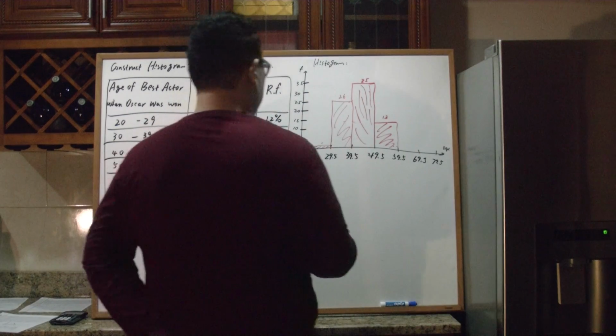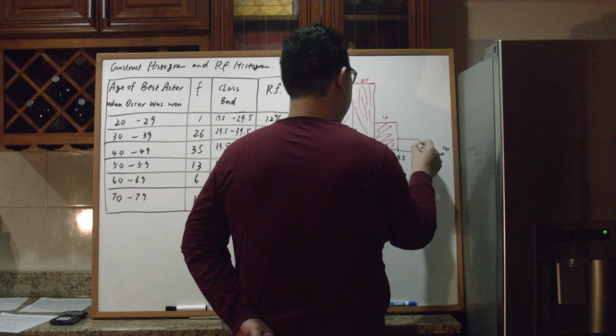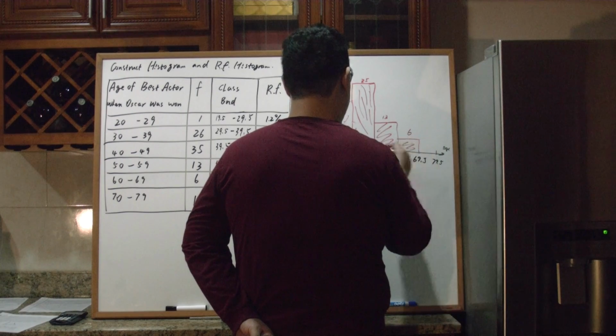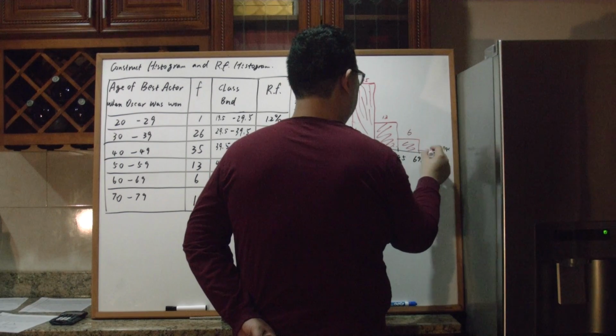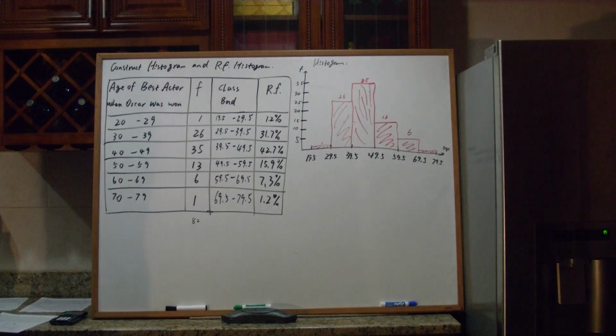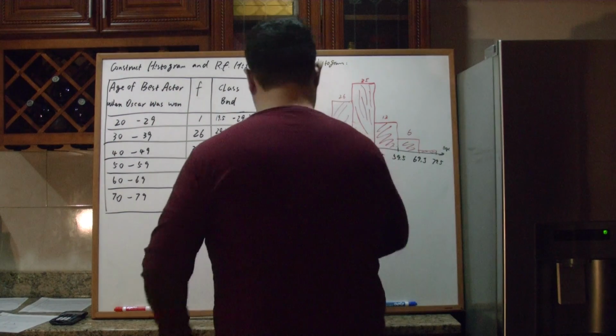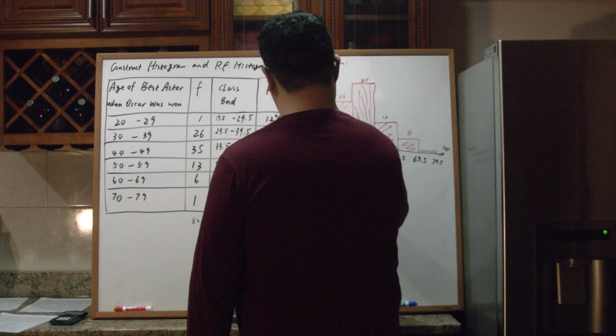The next class is 6 of them. And finally just 1. That is our histogram, together with the frequency and the class boundaries. And when we do the relative frequency histogram, it's similar.